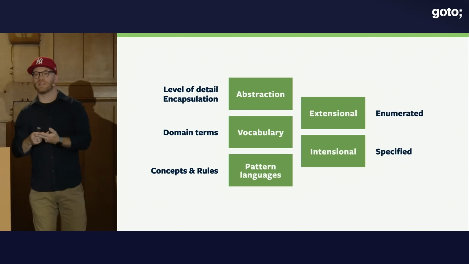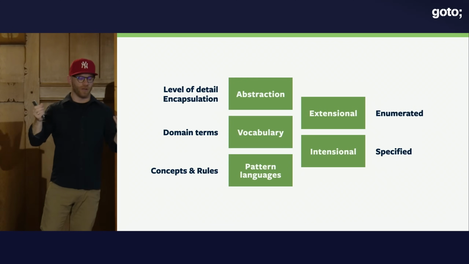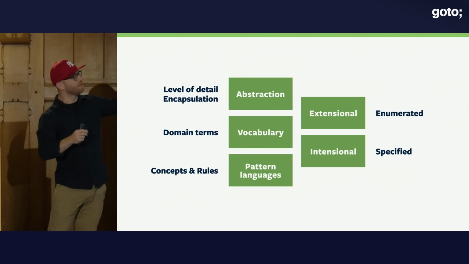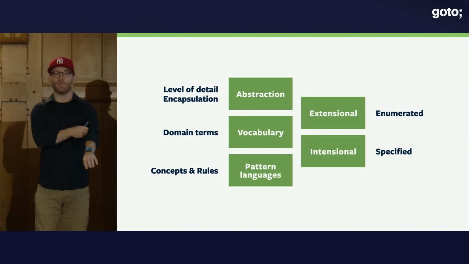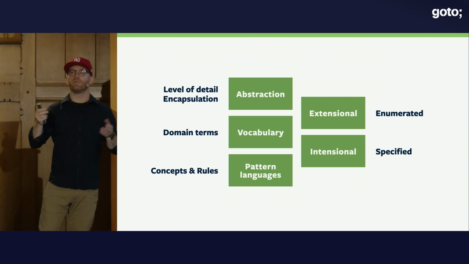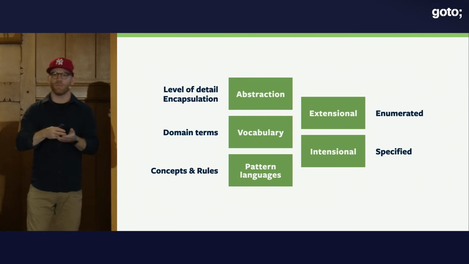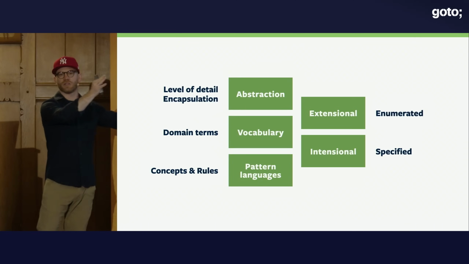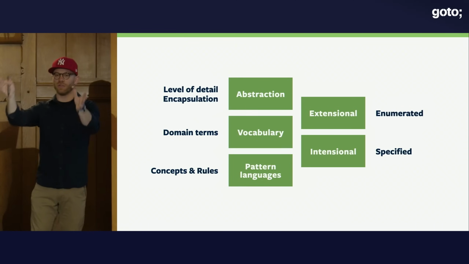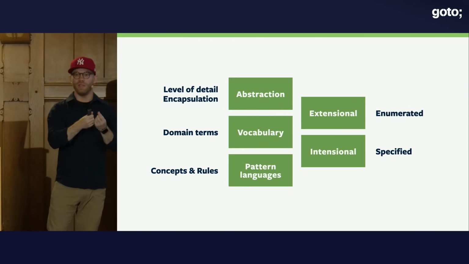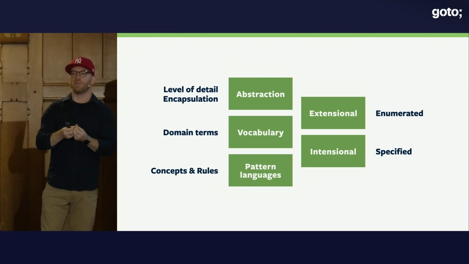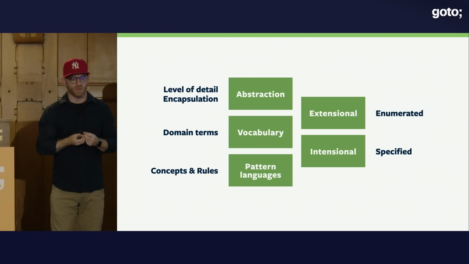Extensional elements are elements that you describe by enumerating them, right? And you see that I've placed them in between abstraction and vocabulary. In a software system, you at some point come up with some decomposition strategy, and then you say, here's my order module and here's my inventory module. So you enumerate what kind of parts you actually want to implement.